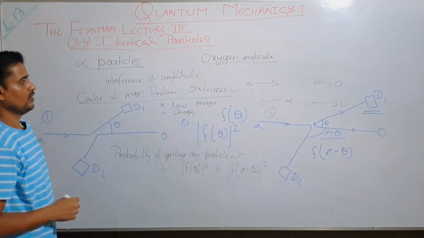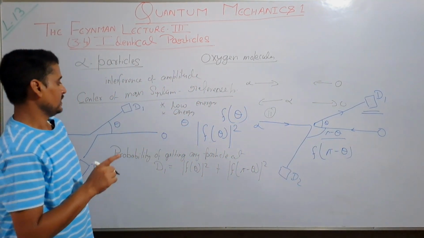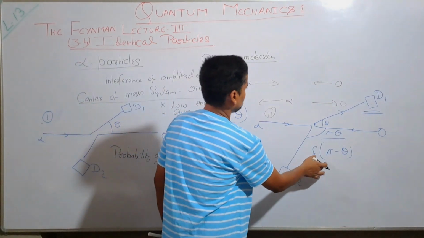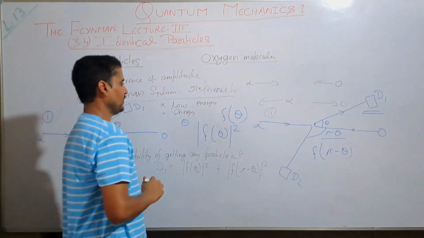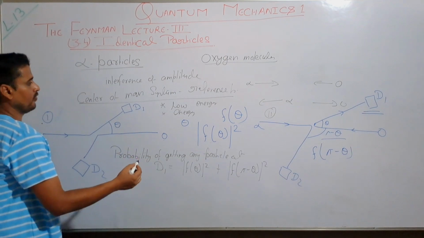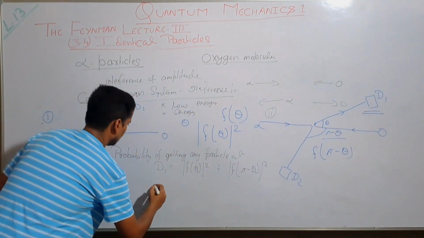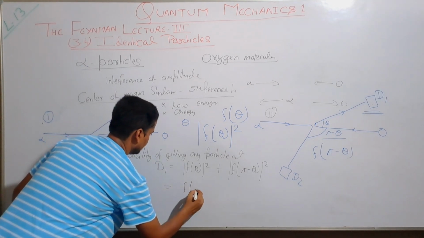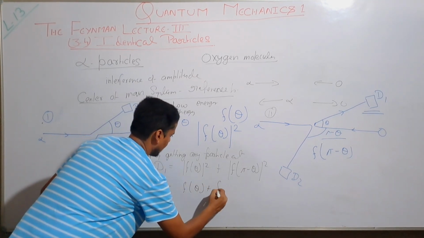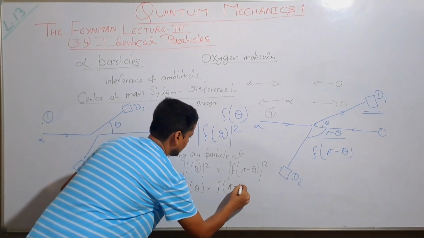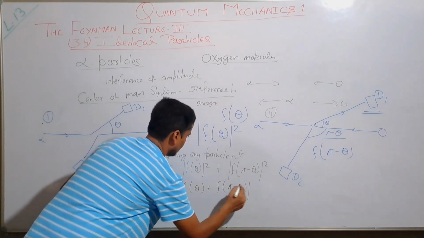In that case we have to add the amplitudes, then square the whole thing. It means the probability of getting the alpha particle at detector D1 is f theta plus f pi minus theta whole square.